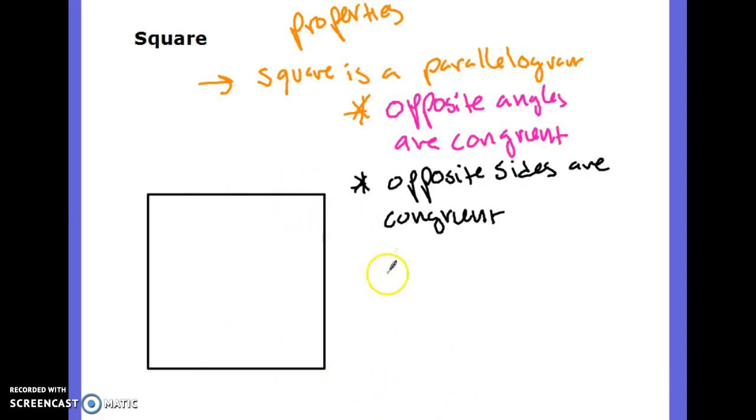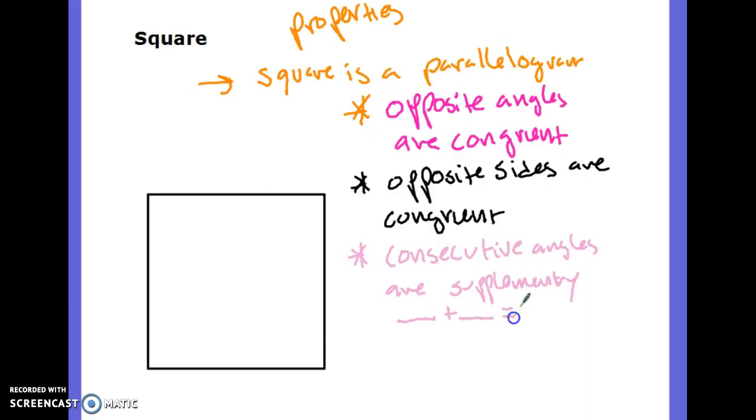Next one is the consecutive angles. The consecutive angles are supplementary. Which again shouldn't be surprising because we know supplementary is blank plus blank equals 180. And we know that angles in a square are all 90.